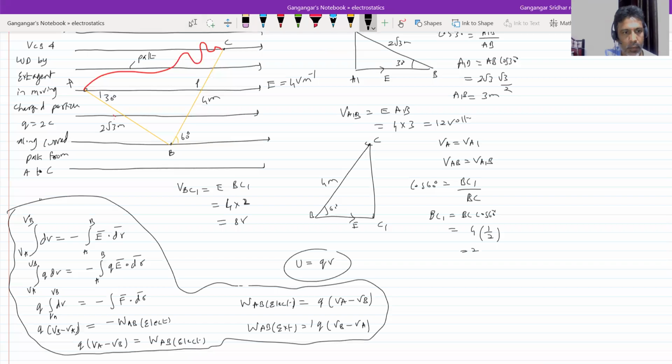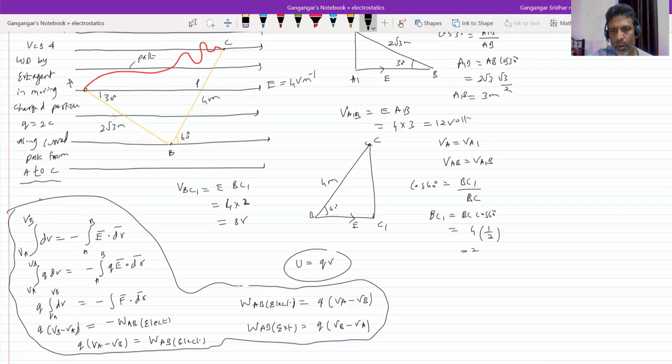Nobody observed the path. I'll make some changes here. In the question it has become B, it should be C. Let's modify the formula. Work done by external agent in moving the charged particle from A to C should be equal to Q into potential difference VA minus VC.